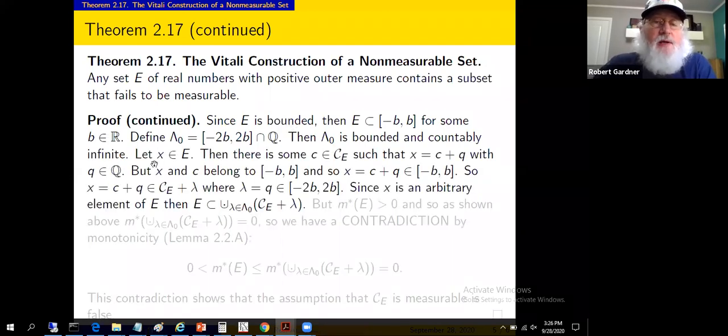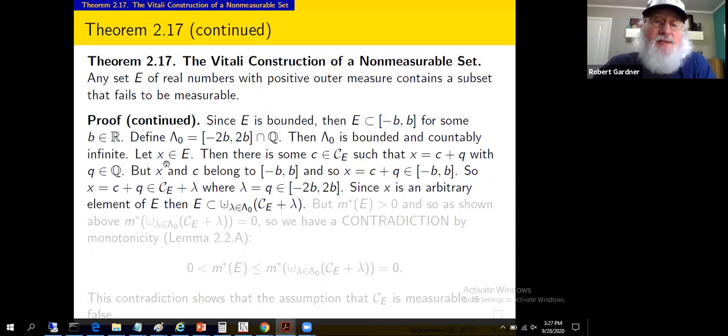All right, let x be any point in the original set E. Then there's some C in the choice set such that x equals C plus q for some rational number q. That is, x and C are in the same equivalence class.